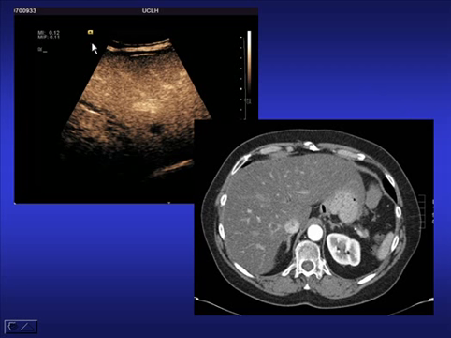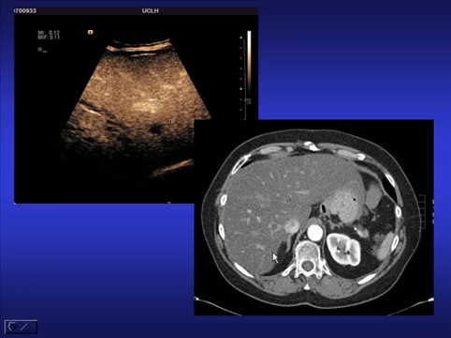We can also use the same techniques for diagnosis of very small metastases. This is a colorectal liver metastasis. It's about 1 centimeter in diameter, here in the portal venous phase, and we can see good enhancement of the normal liver parenchyma around with very high contrast ratios between the tumour and the surrounding normal liver.